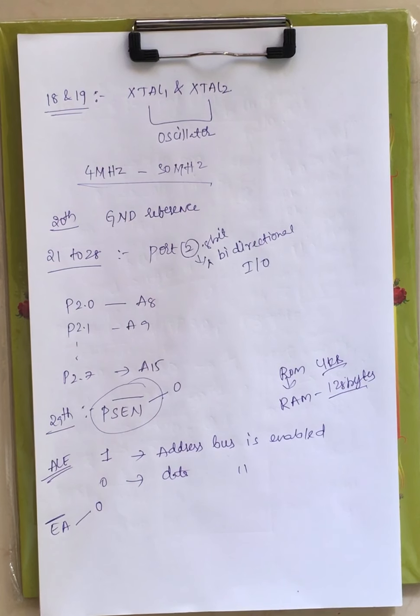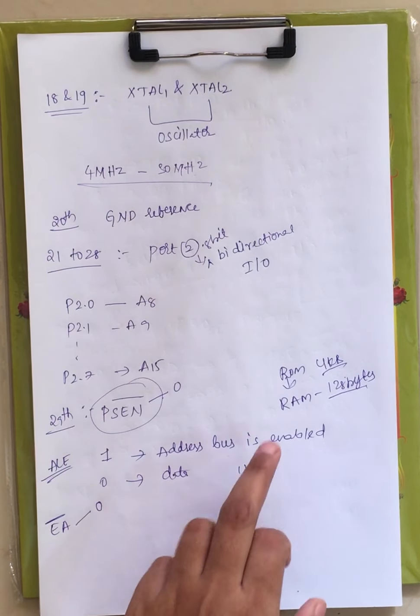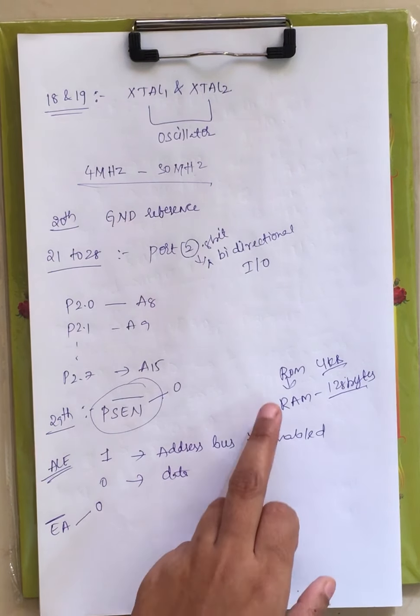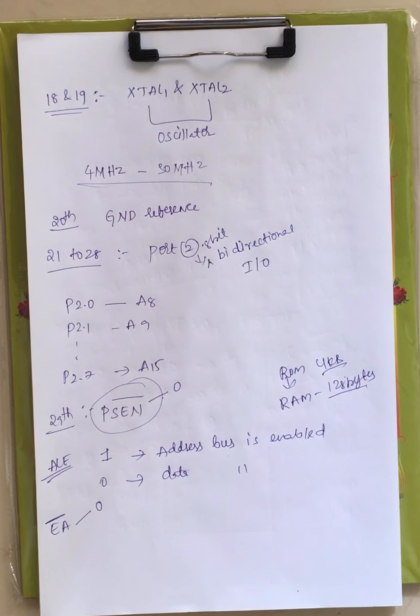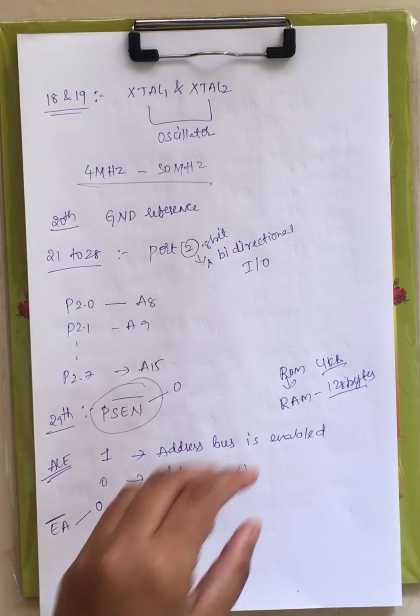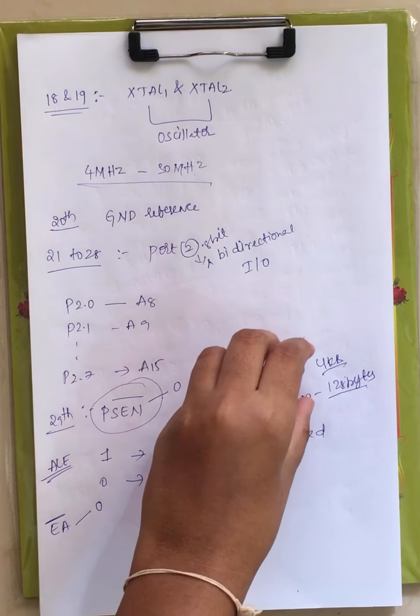If this memory is not sufficient, we require some extra memory, right? Now if the memory is not sufficient for the application, we can connect external RAM as well as external ROM to 8051, right?